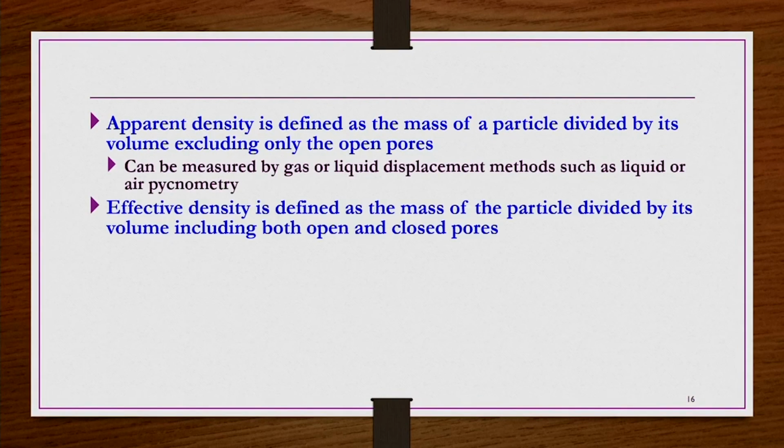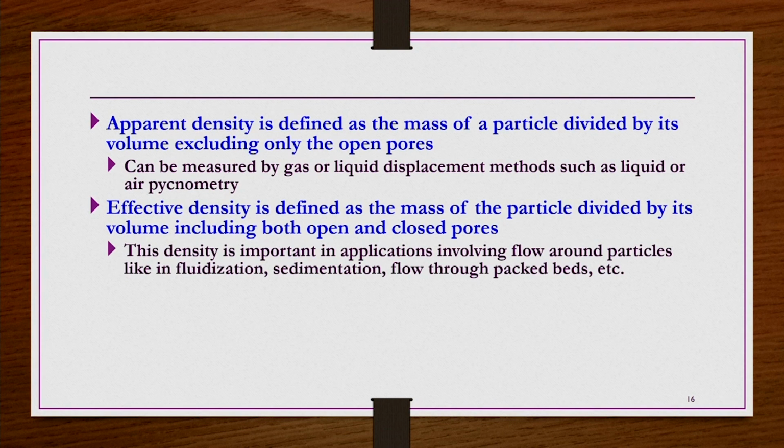But if you include both volumes, the open and the closed pores, in the volume of the particles, then the density, mass by volume, that you get is going to be the effective density. Apparent density one can measure by gas or liquid displacement methods such as liquid or air pycnometry.